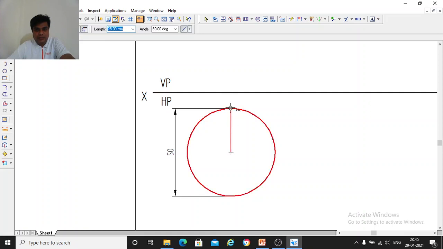We'll divide the circle into 8 parts. So you'll get 8 points on the circle.